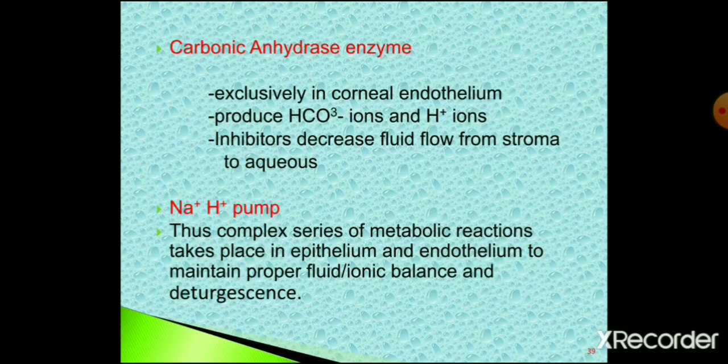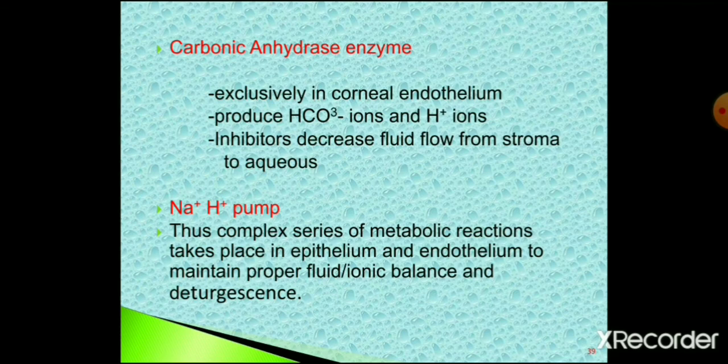Carbonic anhydrase enzyme is exclusively in the corneal endothelium. They produce bicarbonate ions and hydrogen ions. Inhibitors decrease fluid flow from the stroma to the aqueous. So that is the action of the carbonic anhydrase enzyme, present exclusively in the endothelium, producing bicarbonate and hydrogen ion.